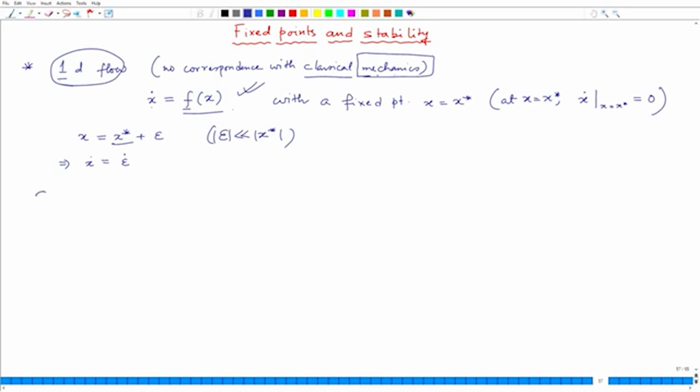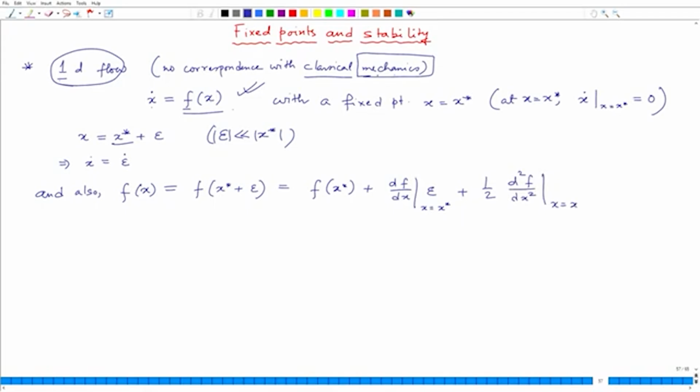Also, I know that f x will then be f of x star plus epsilon, which is nothing but f of x star plus df dx evaluated at x is equal to x star times epsilon, plus half d2f dx2 at x is equal to x star times epsilon square, and so on.